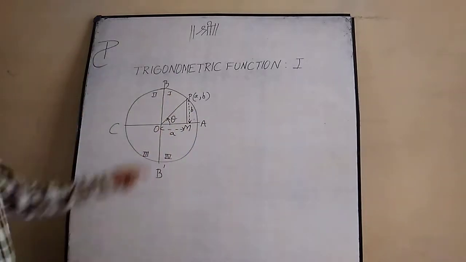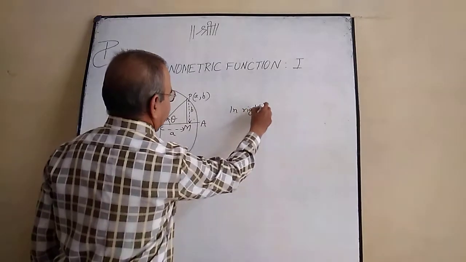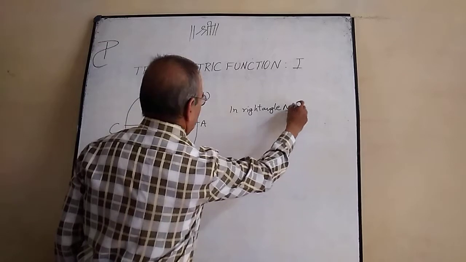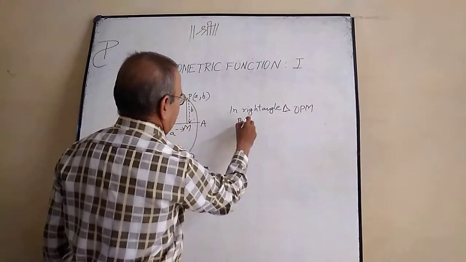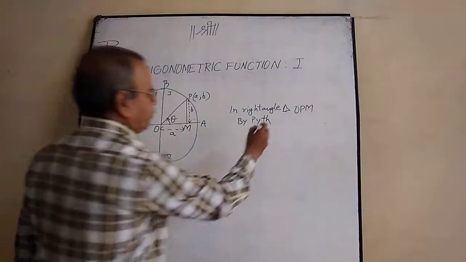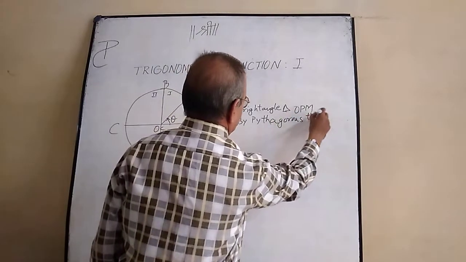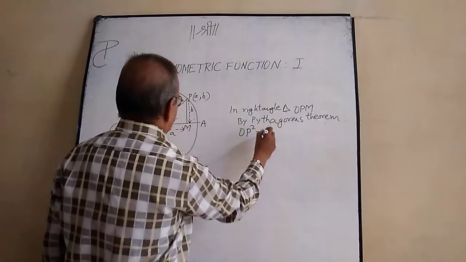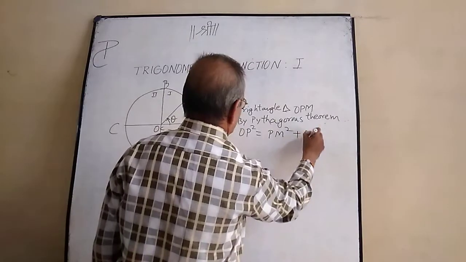So naturally, in this right angle triangle OPM, by Pythagoras theorem, OP square is equal to PM square plus OM square.